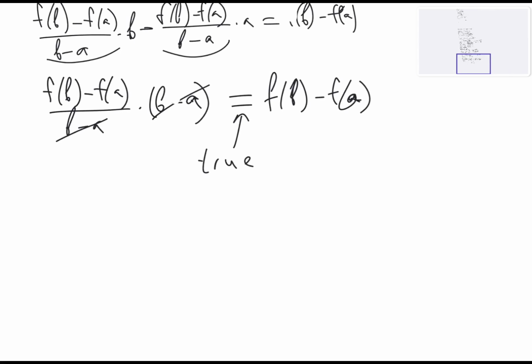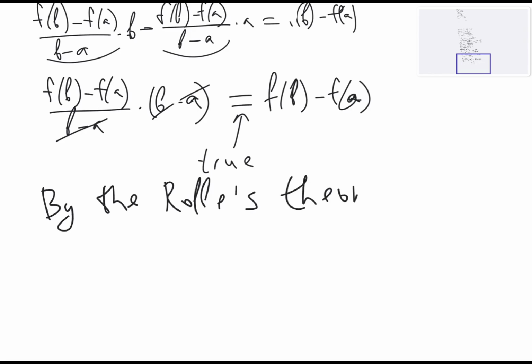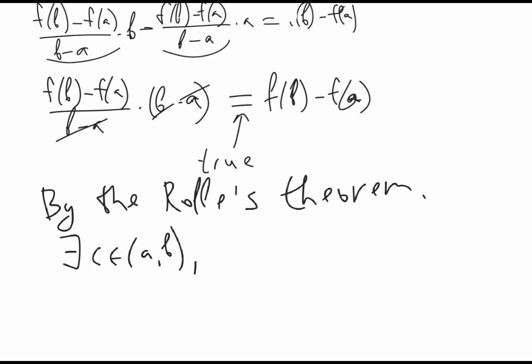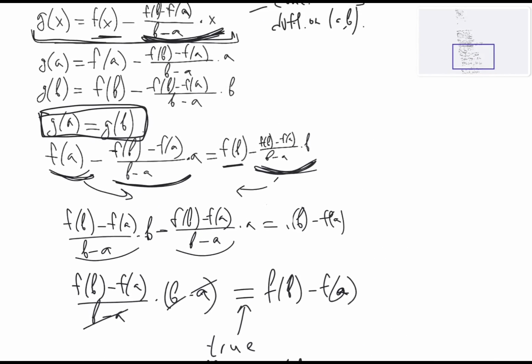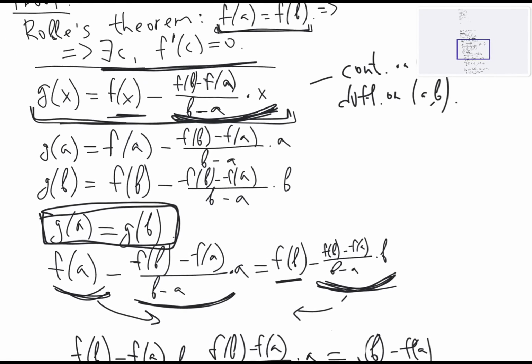By Rolle's theorem, there exists such a point c in the open interval such that the derivative of g at c is equal to 0. Now, what is the derivative of g? Again, g is this function.